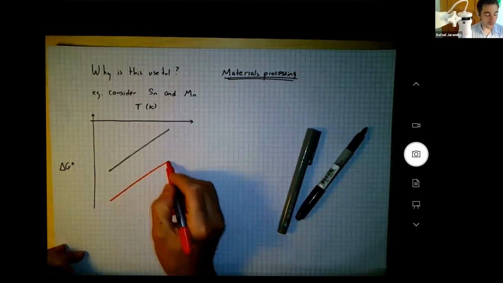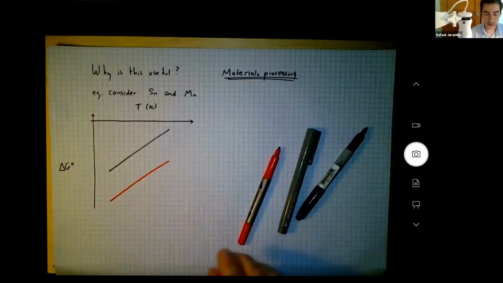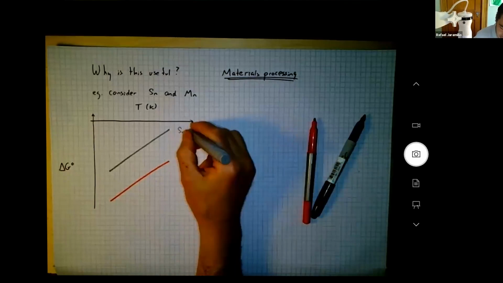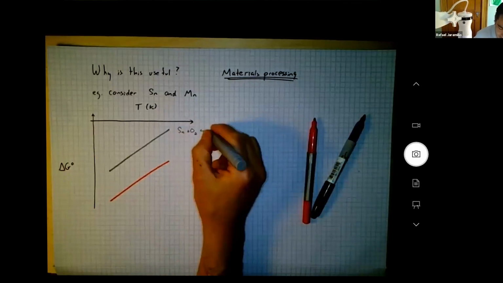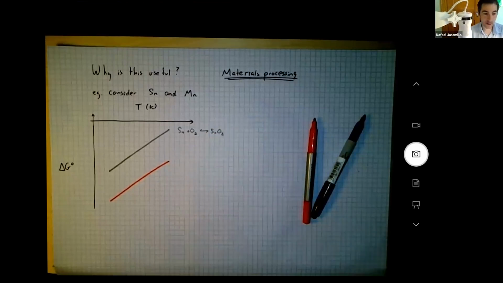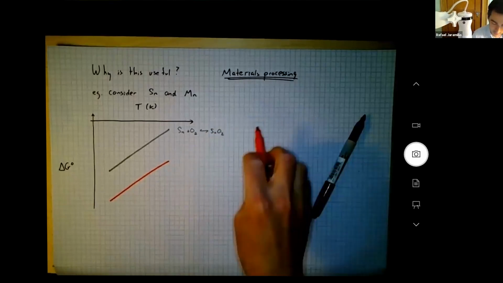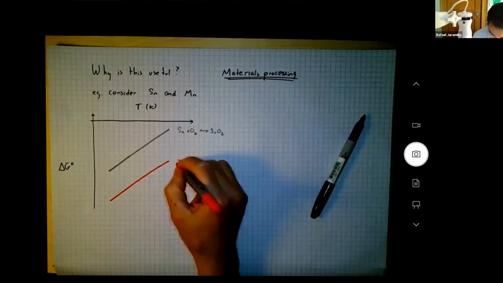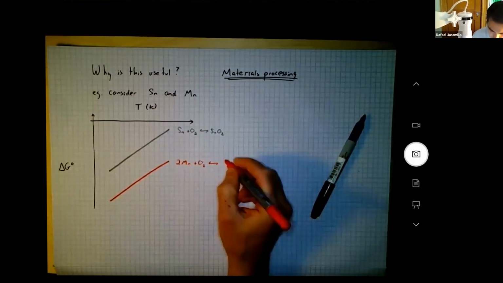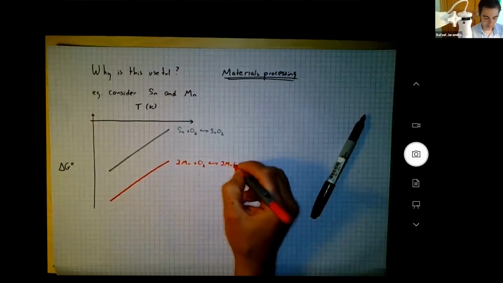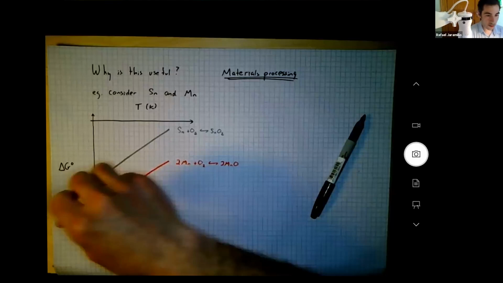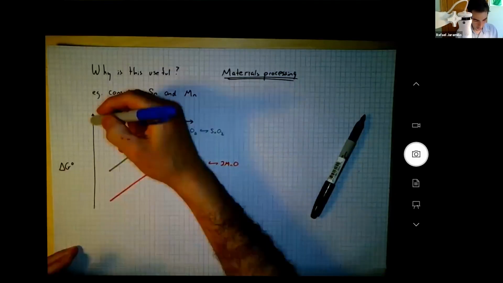So that's just a fact about these metals. This here is tin plus O2 going to SnO2. And this is 2 manganese plus O2 going to 2 manganese oxide. Okay. And here are my PO2 contours.